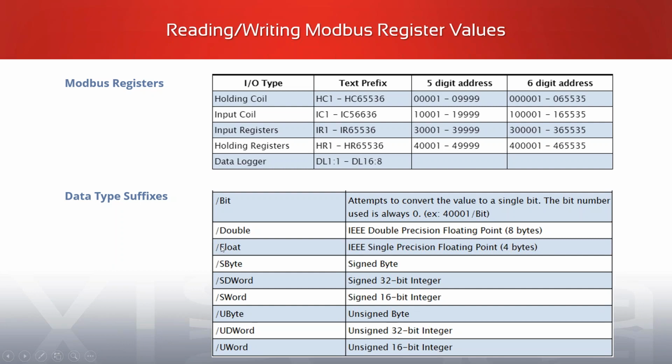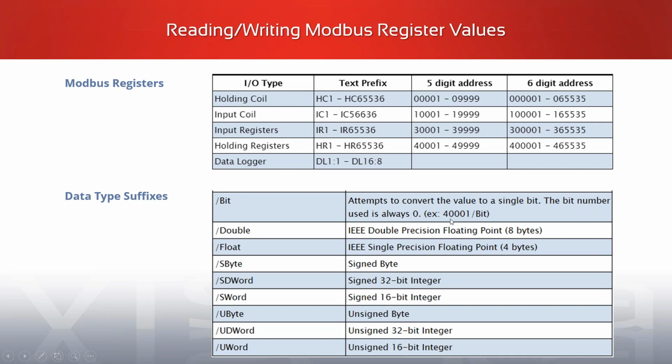By putting in these suffixes, it tells VTScada how to interpret that piece of data you've just read in, and how to show it on a screen. You'll see a massive difference in how you would represent, say, a 32-bit integer versus a floating point, for example.